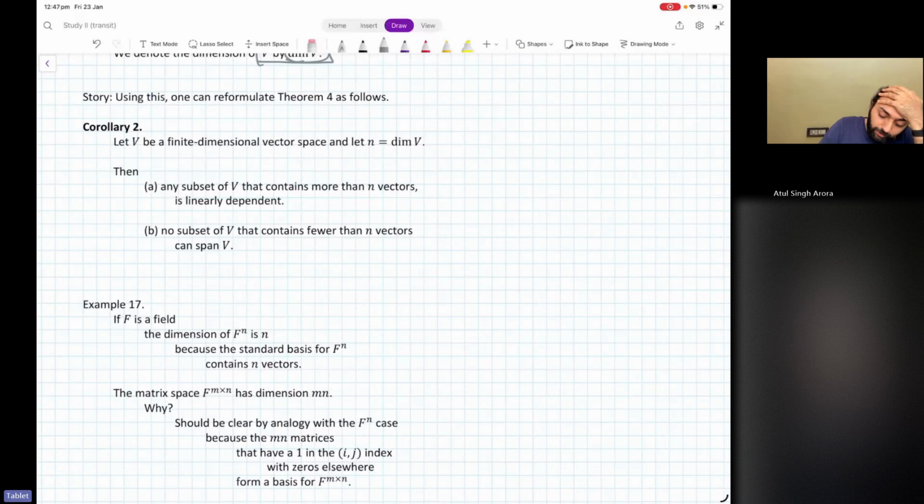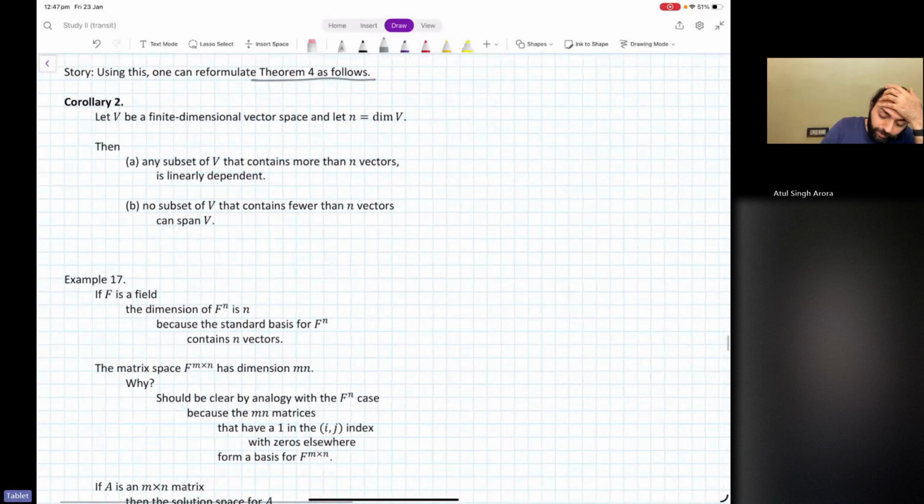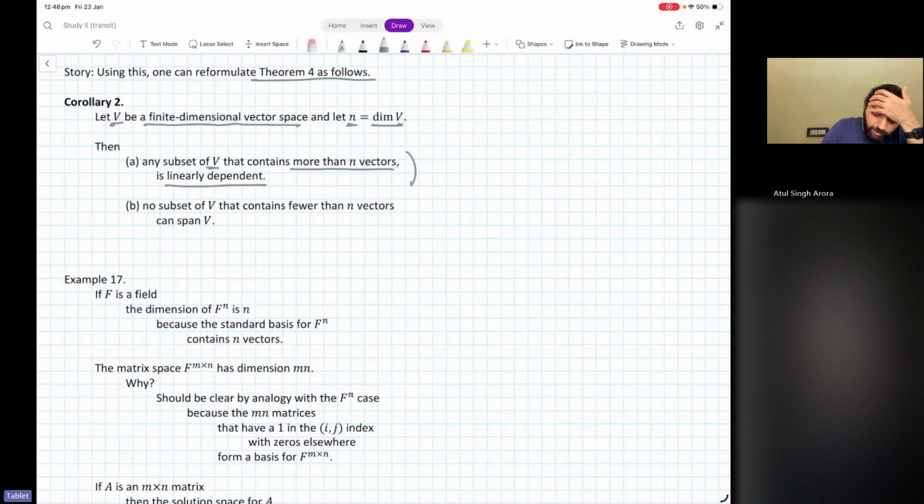Using this, one can reformulate theorem 4 as follows. We are writing theorem 4 as a corollary now. Let V be a finite dimensional vector space and let n be the dimension of V. Then any subset of V that contains more than n vectors is linearly dependent. This is essentially what we showed above.